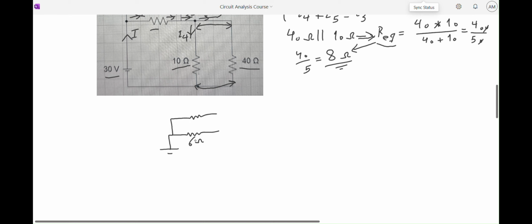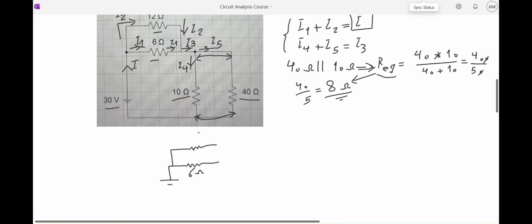That one was 6 ohms, if I'm not wrong. Yeah, that's 12 ohms. And then I just simplified the two resistors at the right, and the equivalent was 8 ohms. And look at here, 6 ohm and 12 ohm.